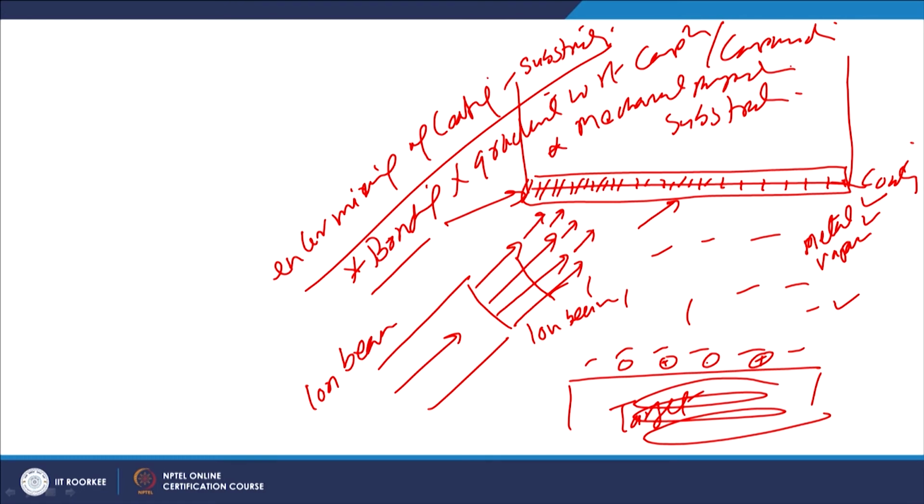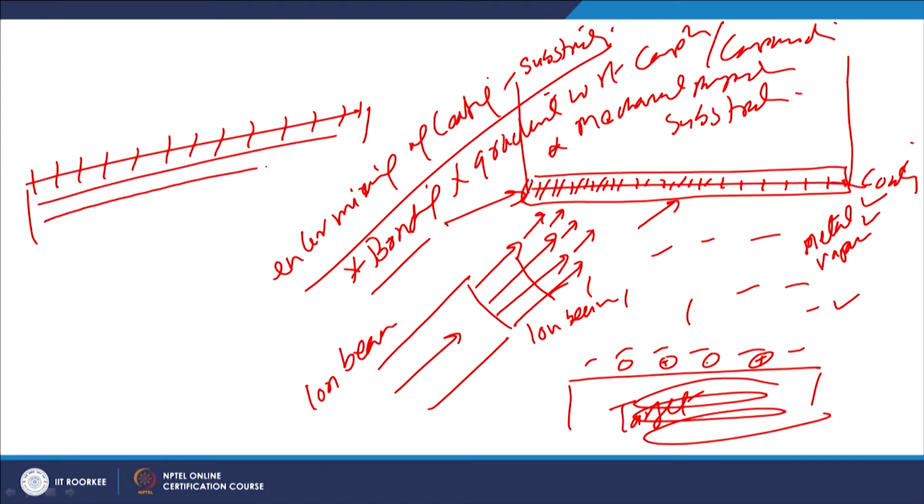So, what we are getting, intermixing facilitates extremely good metallurgical bonding and very good gradient with regard to the chemical composition and the mechanical properties.